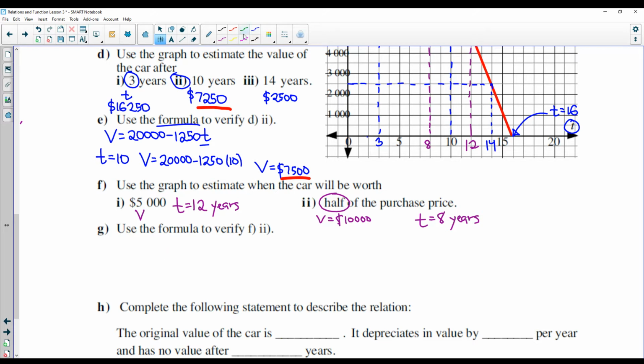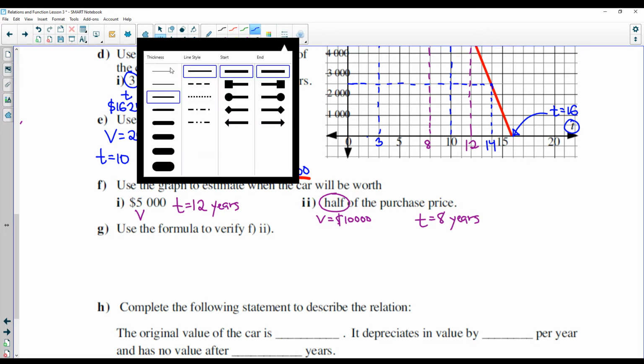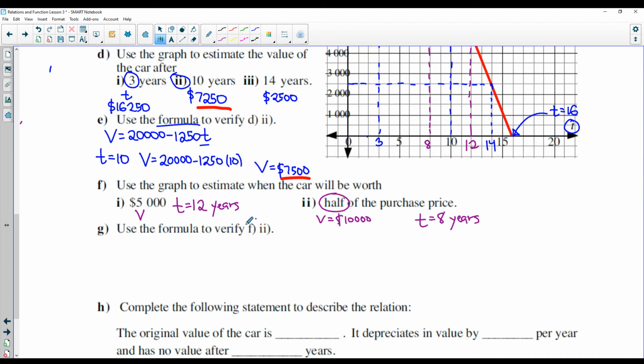Now it wants me to verify this with the formula. Okay, so let's take our formula, which is V is equal to 20,000 subtract 1250 times T. And what I want to do is verify that when V is 10,000, the value of T is going to be equal to 8.